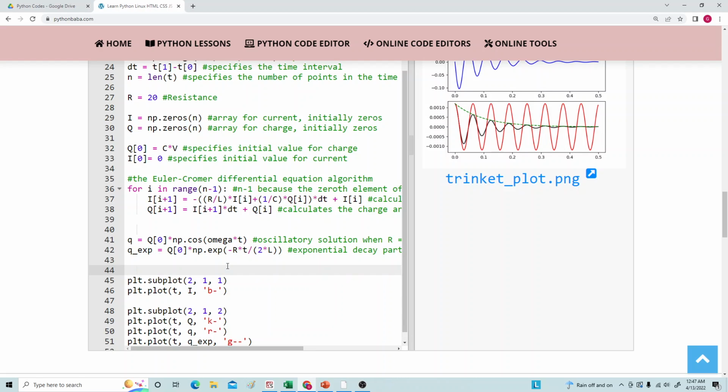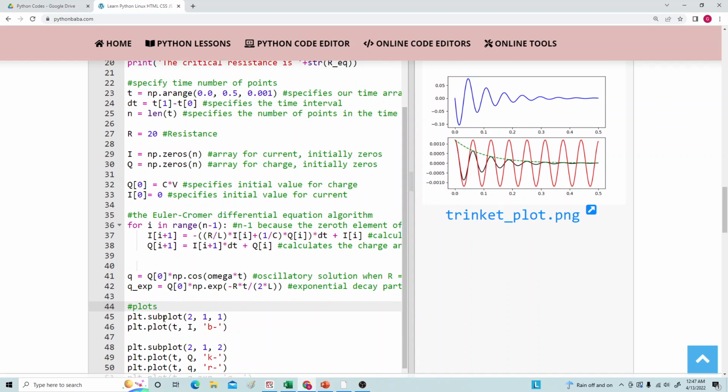Okay, so now this actually plots some things. This top one plots my current against my time. So I'm going to plot my time on the x-axis, my current on the y-axis, and this is going to be a blue line.